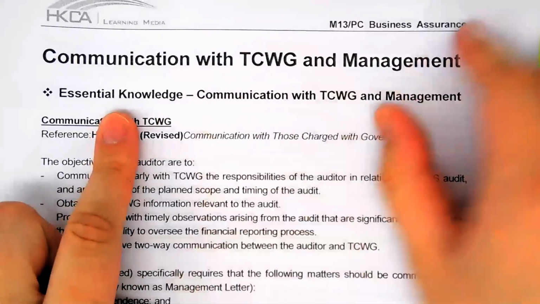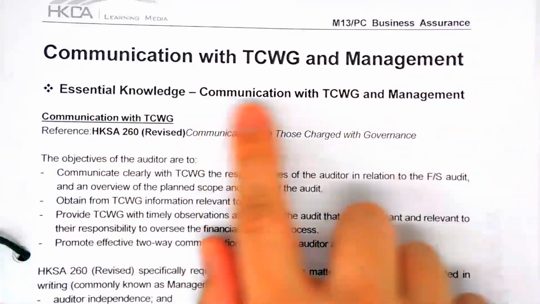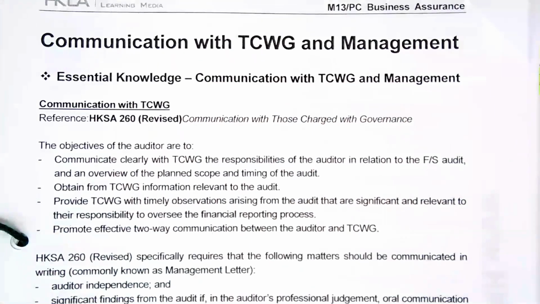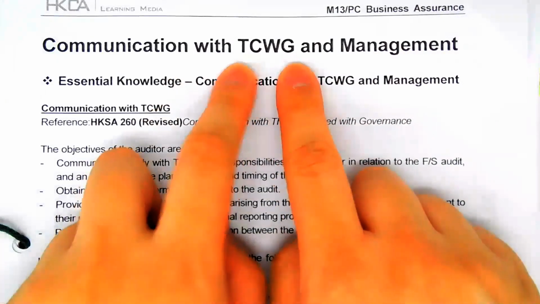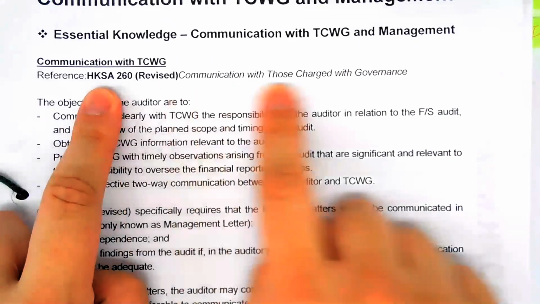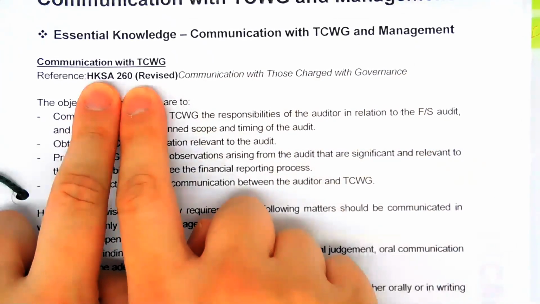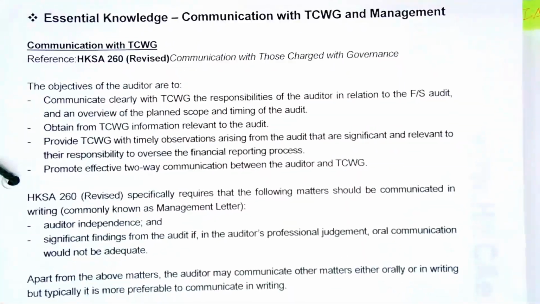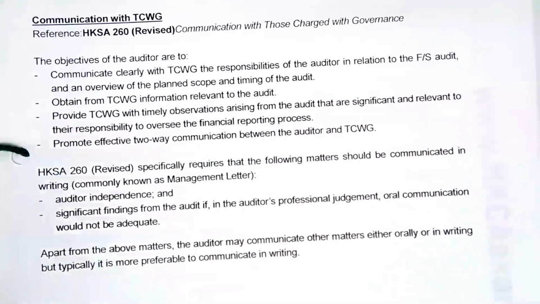Exam guide. Communication with those charged with governance and management. I added the word management here because more than TCWG, there's something else we need to discuss in this chapter. First of all, this 260 is about communication with those charged with governance. And here are the objectives and definition.